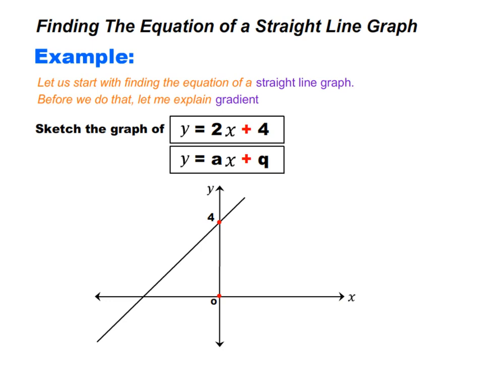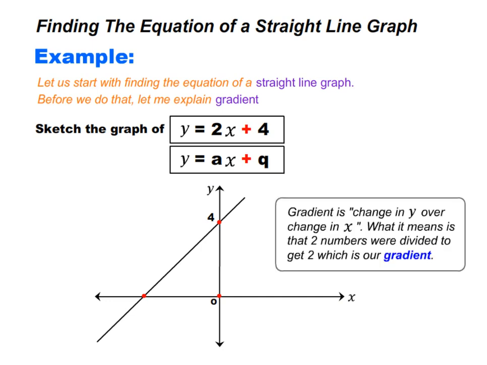Now that we have drawn our line, our problem now is to find the x-intercept, which is here. This will not be easy. Let us quickly remind you that gradient is change in y over change in x. What it means is that two numbers were divided to get 2, and 2 is our gradient.